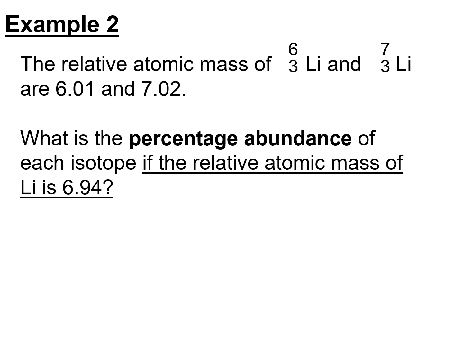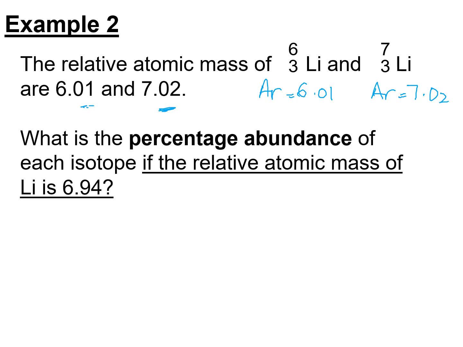Okay, so we can look at this example. Dia cakap the relative atomic mass of 6 Li dengan 7 Li adalah 6.01 and 7.02 respectively. So that means the relative atomic mass untuk 6 Li ni adalah 6.01, and untuk 7 Li ni adalah 7.02.